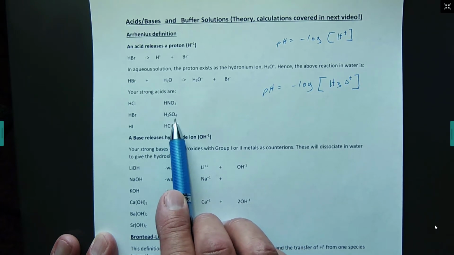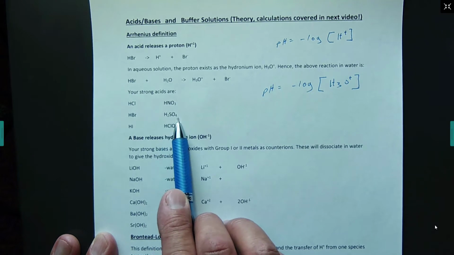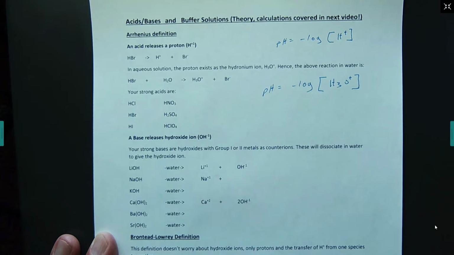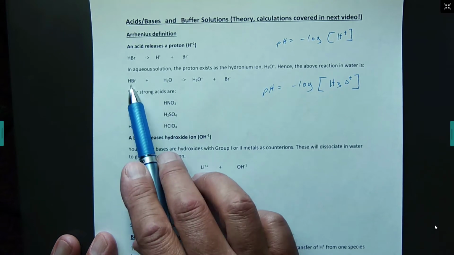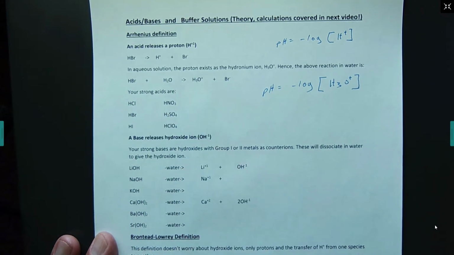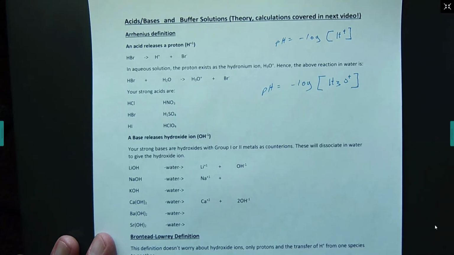That's the stuff that's in your car battery, sulfuric acid, and perchloric acid. These are all very, very strong acids. They completely ionize in solution. They're really good at taking that proton and sticking it on the water molecule. So those are acids.